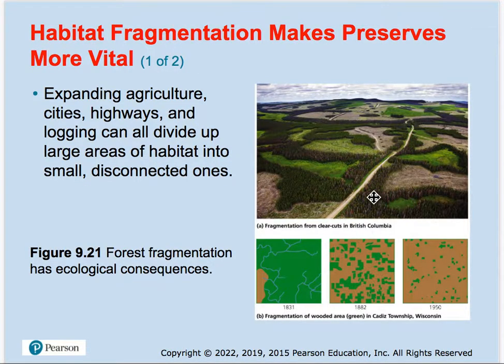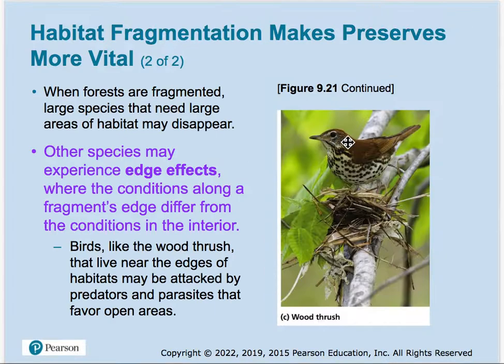Habitat fragmentation, we've talked about this before, but it's like the land that gets broken up into different spaces. As things get more fragmented, it becomes increasingly more important that we make preserves where it's not fragmented, because there's certain animals, and I have a picture of a bird here.